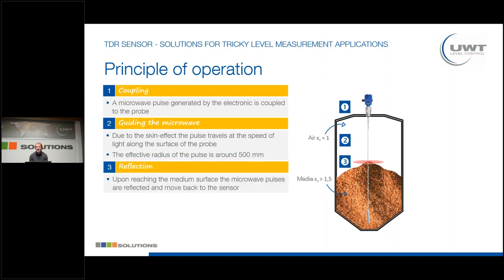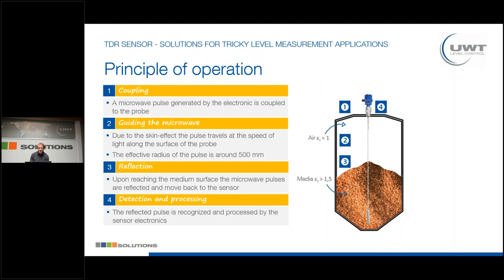And as soon as this pulse reaches the material, some parts of the energy of this microwave pulse get reflected and move back to the sensor. And this reflected pulse is then recognized by the electronics and processed into a level measurement.